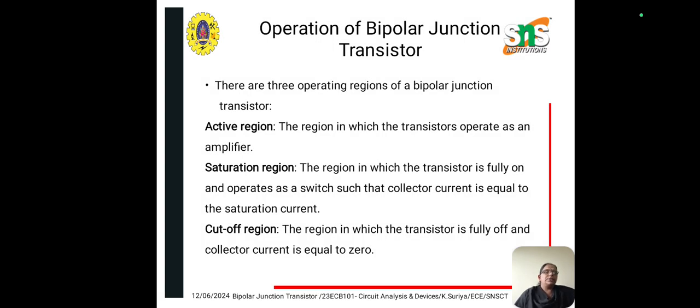So before going into the operation, we will see a few more points on the construction of bipolar junction transistor. It's a semiconductor device that is constructed with three doped semiconductor regions, that is the base, collector and the emitter, separated by two PN junctions. Bipolar transistors are manufactured in two types, NPN and PNP transistors, and are available as separate components, usually in large quantities.